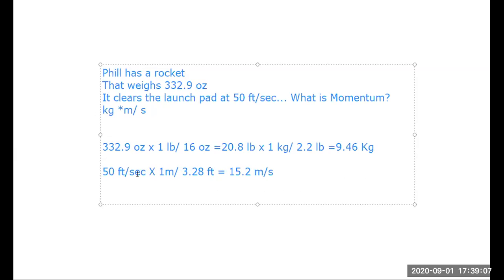So I've got a mass and I've got a speed. I need to actually multiply them together in order to find my final value. So the 9.46, which is kilograms, I'm going to multiply that by my 15.2 meters per second. And that will give me 143.79 kilograms dot meters per second.